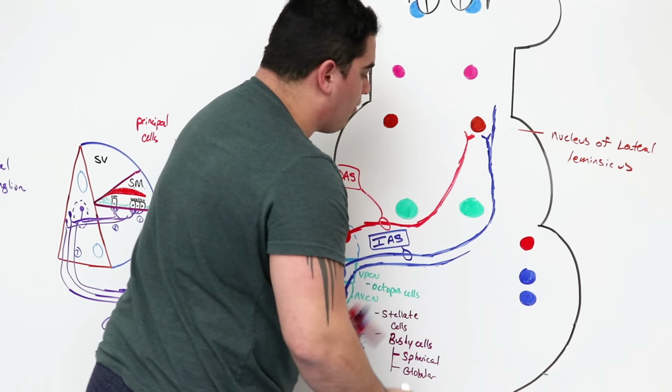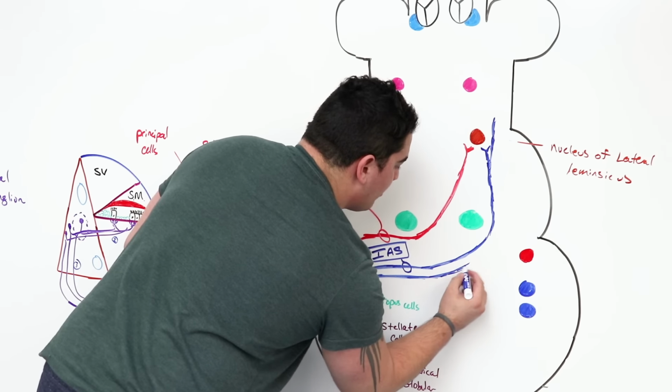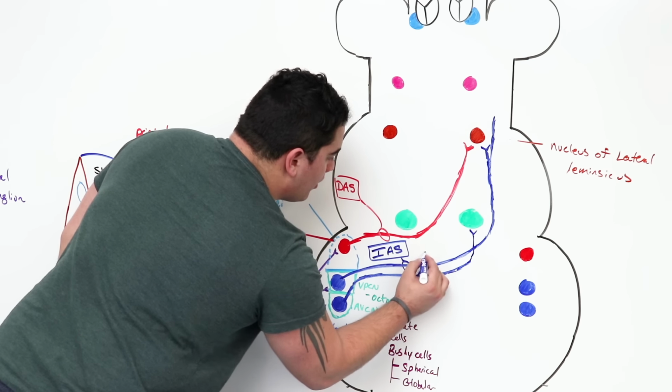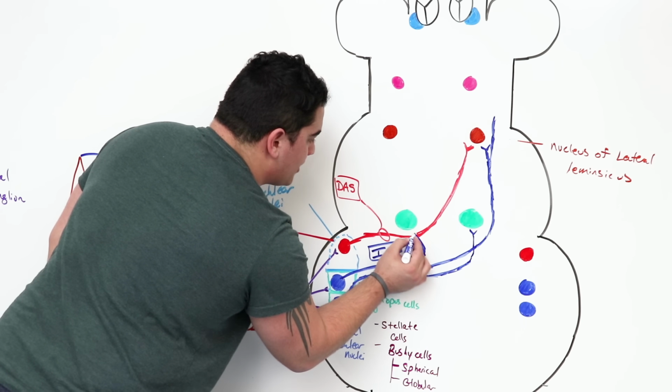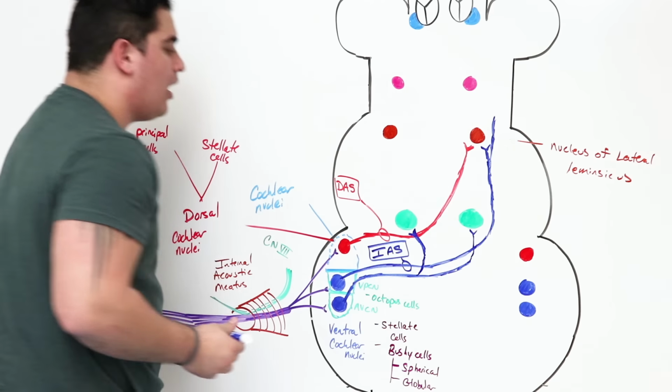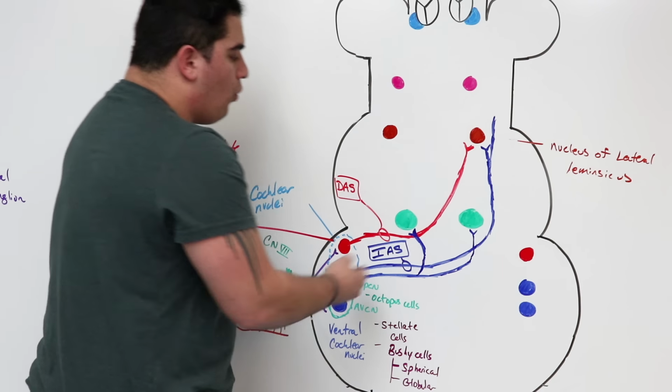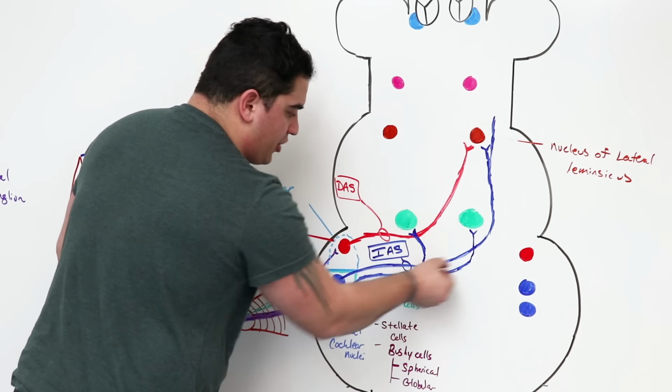Here's what's different about this one. When it crosses over, most of the fibers synapse on a specific point. They synapse on these nuclei right here. Some of them go to the contralateral side, and some of them also go to the ipsilateral side. What is this structure here first off?